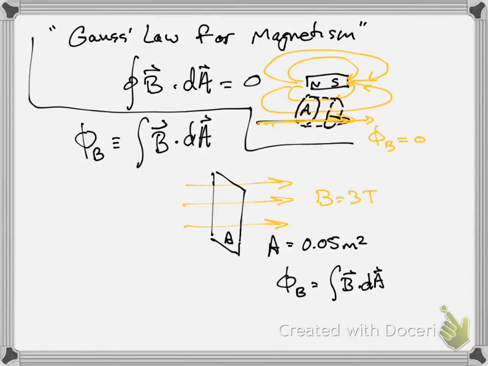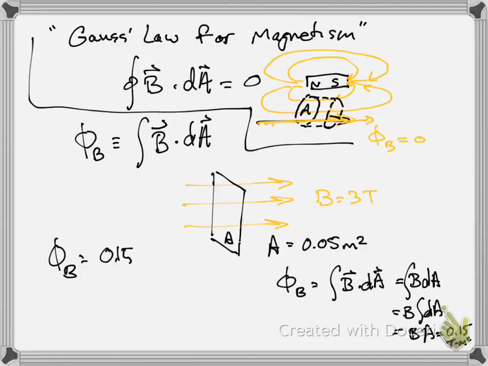The dot product goes away because of perpendicularity, so it's just B dA. The magnetic field is constant, so it's just B times A. The magnetic flux is 3 Teslas times 0.05 meters squared, which is 0.15 Tesla meter squared. Sorry, ran out of room. The magnetic flux is 0.15 Tesla meter squared. So that's easy enough to calculate.